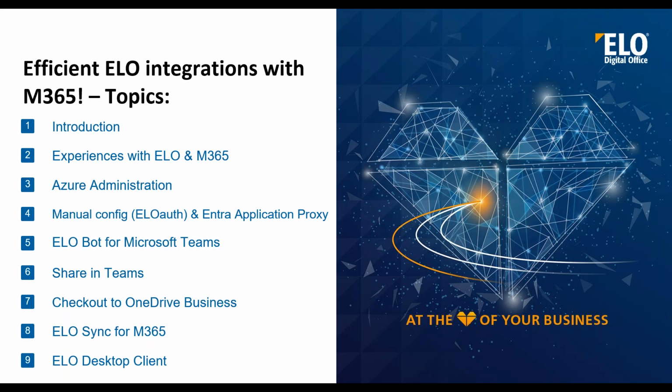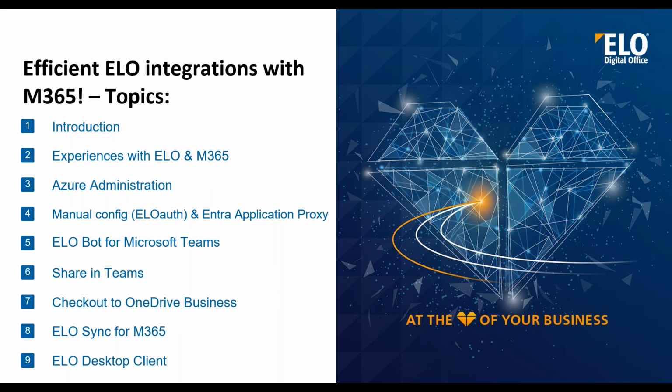webinar. A short overview of the topics we have today. There will be a small introduction. Then we'll talk about your experiences with ELO and Microsoft 365. We'll head over to the Azure administration in the ELO administration console. I'll also show you how you can manually configure the ELO authentication and the entire application proxy.